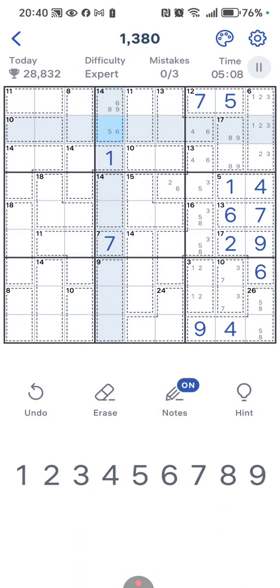So this is 5, 6, and 8. That's 6 in here. So that will be 5, 8, and 9. This is going to be 5, 6, and 9. So we can treat that like a quad. So then what's left over? 2, 3, and 4. 2 and 3 at the bottom.